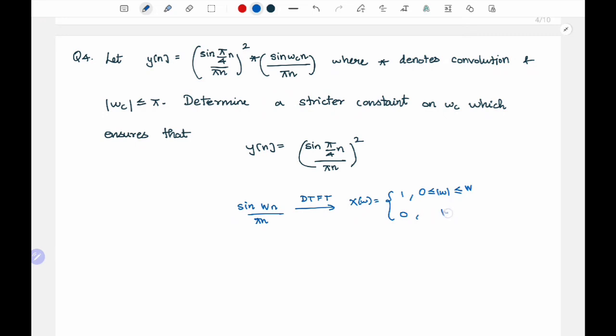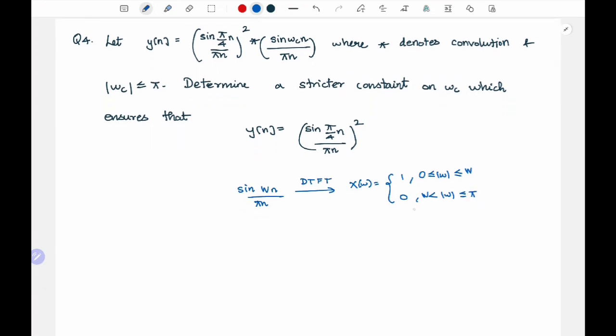Otherwise meaning mod omega is greater than w and less than or equal to pi. And X of e power j omega is 2 pi periodic. The condition you also have here is w should be less than or equal to pi, otherwise they will start to overlap, right? So strictly it should be less than pi and greater than 0.